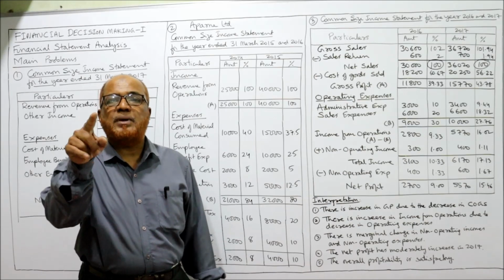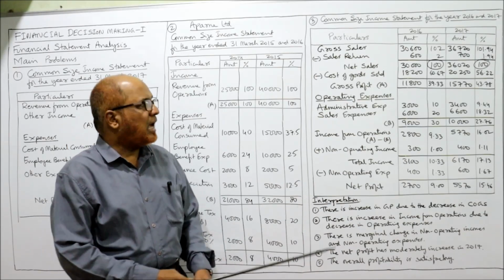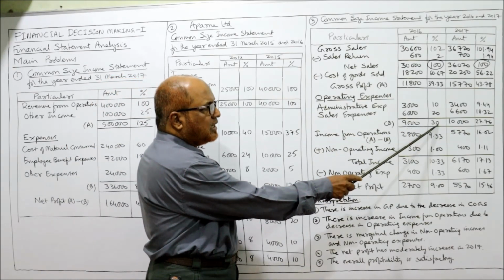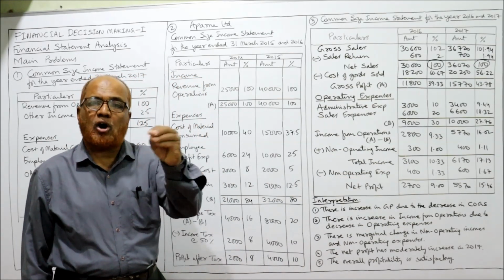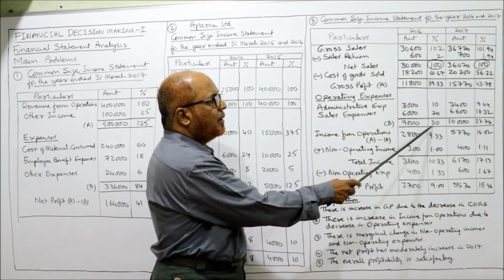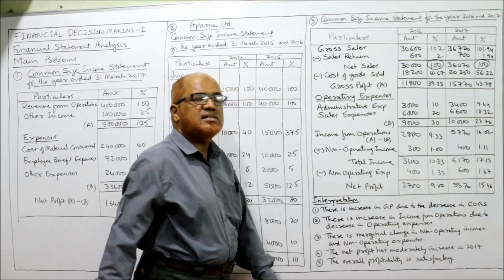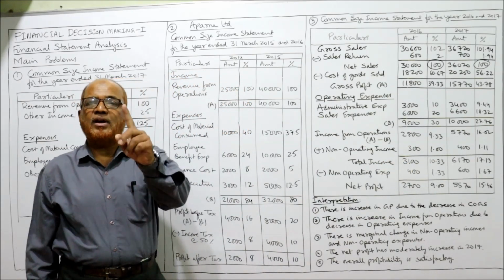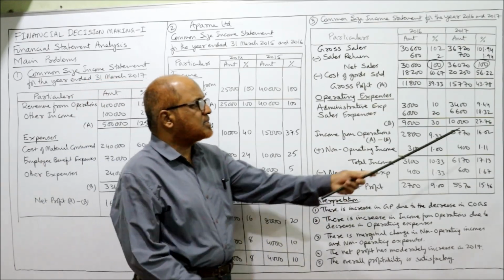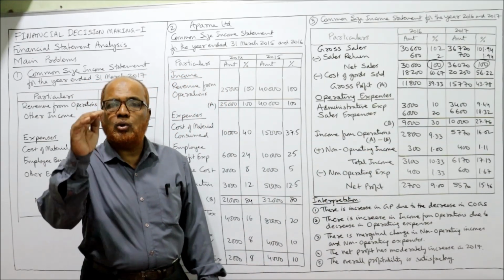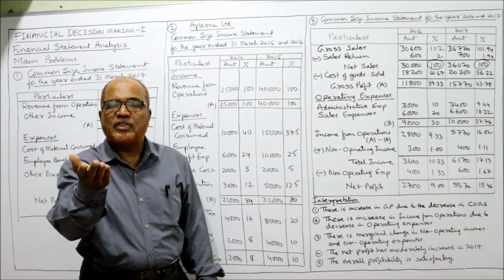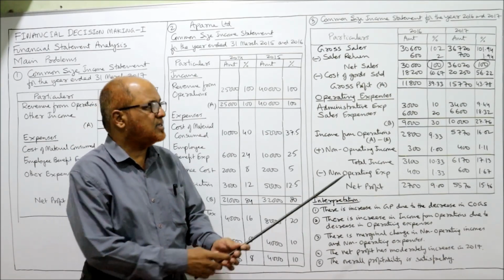Because the expenses have decreased. Last year, total operating expenses were 30%: for every 100 rupees of sale, 30 rupees. But current year it has come down to 27.76. Due to lowering of operating expenses, the income from operations has increased.